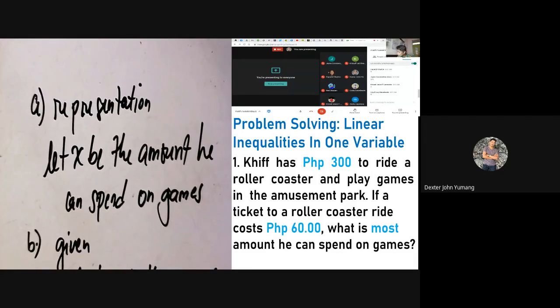You also copy the word problem, class, because the question is important also, so that you have something to look on when we have the examination. Okay?